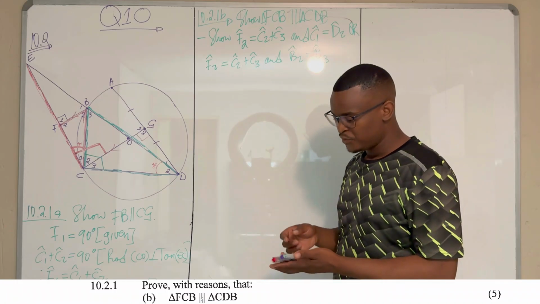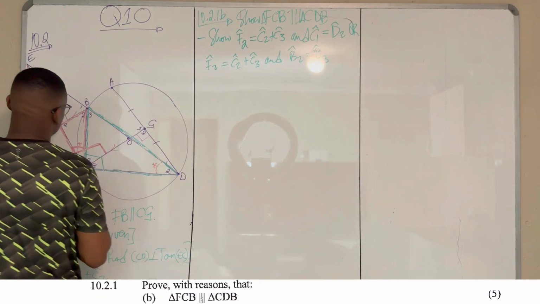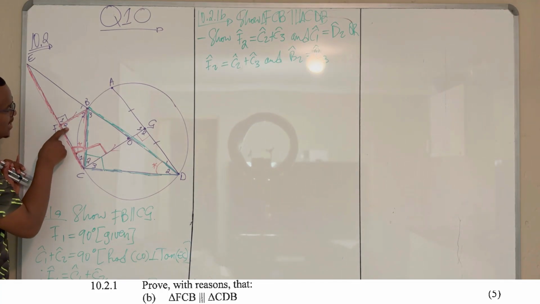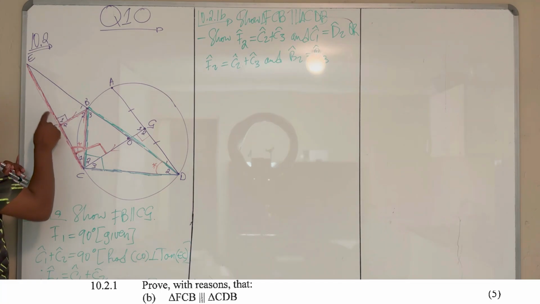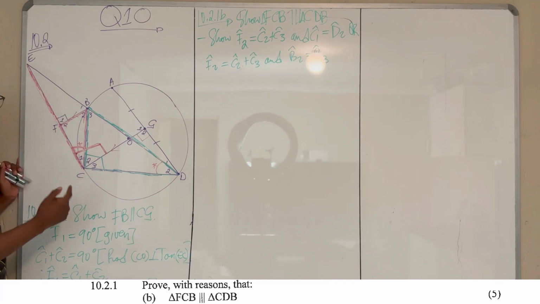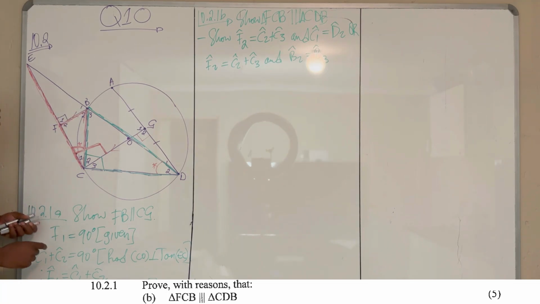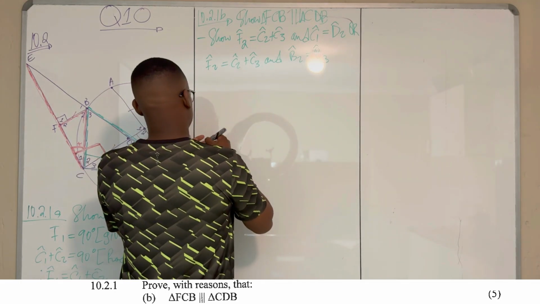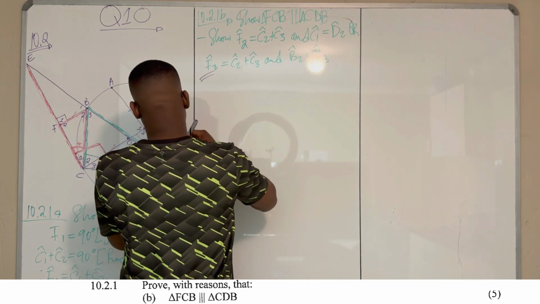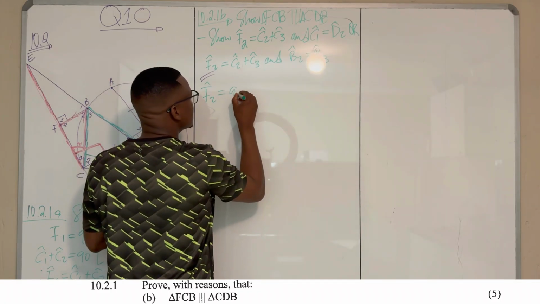This will be enough to show that these two triangles are similar. So let's do that. Look, angle F2 is 90 degrees because we're told that BF is perpendicular to EC. We're given that in the statement. So I'm starting the real answer to the question. I'm going to say the angle F2 is equal to 90 degrees.